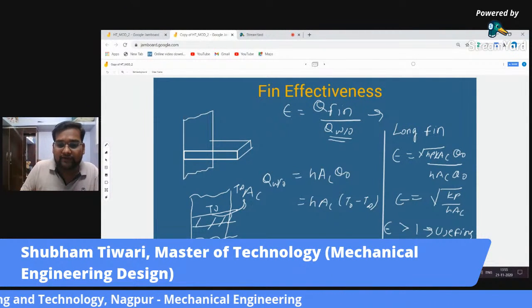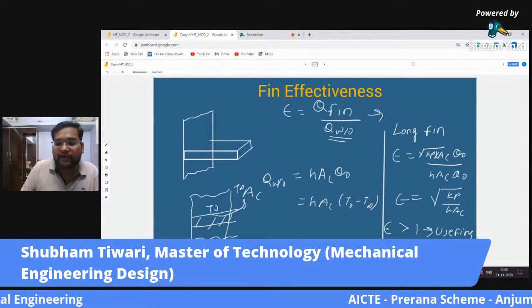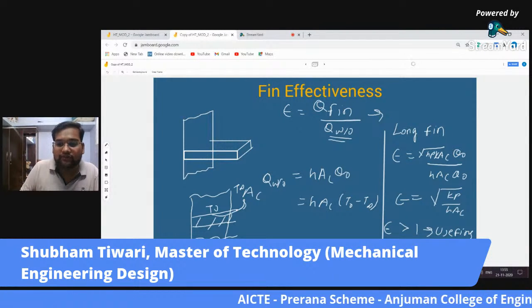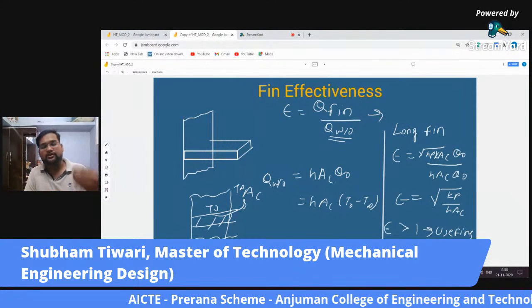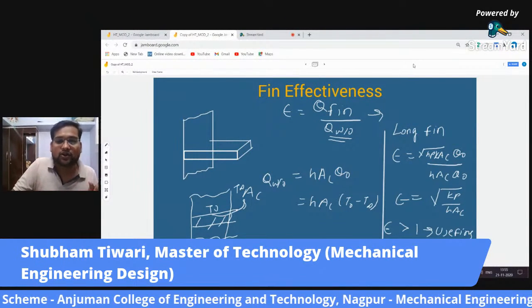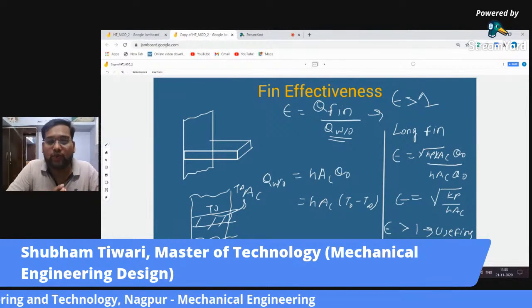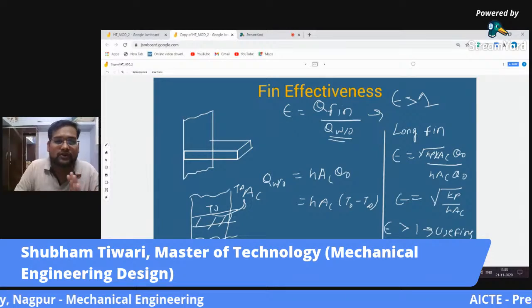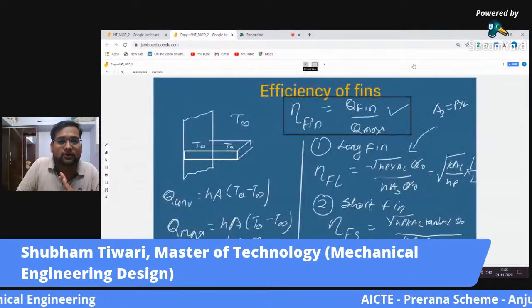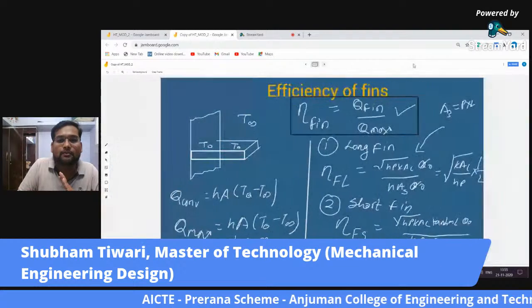If the effectiveness is less than 1, then the fins are ineffective, and we do not use ineffective fins. It is better to keep the system unfinned than to provide an ineffective fin. So fins are provided only if the effectiveness is greater than 1. I hope you got these points. Let us have a quick recap and then we can move towards the problems.